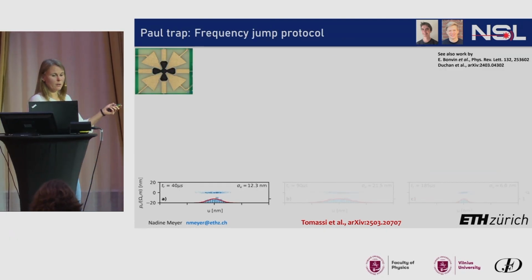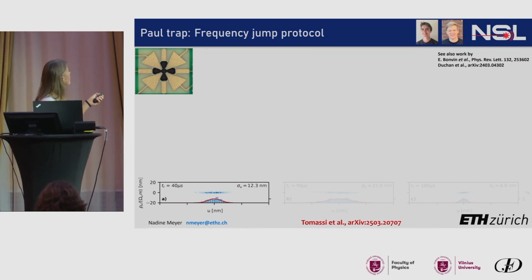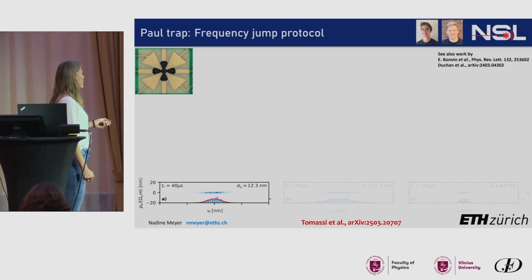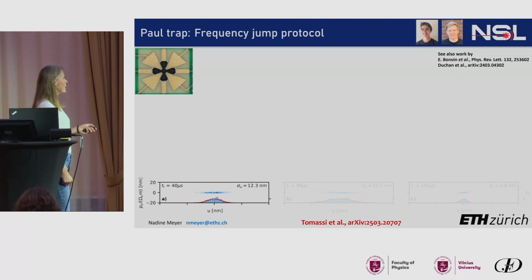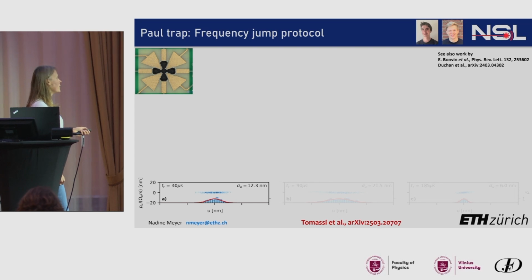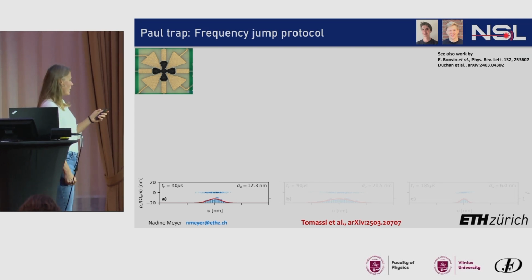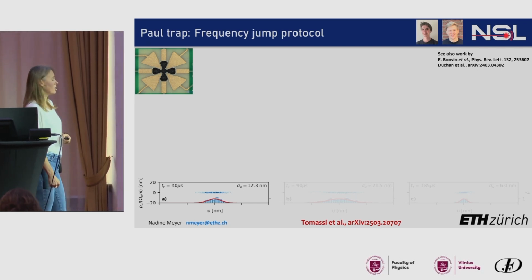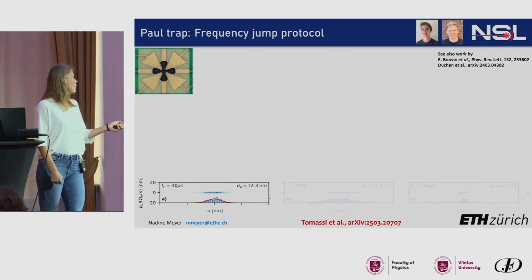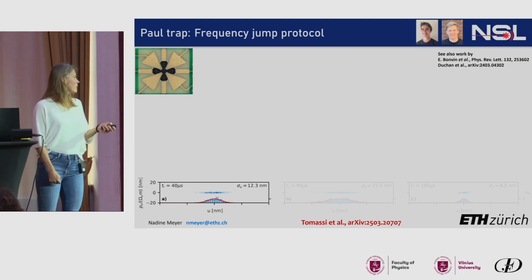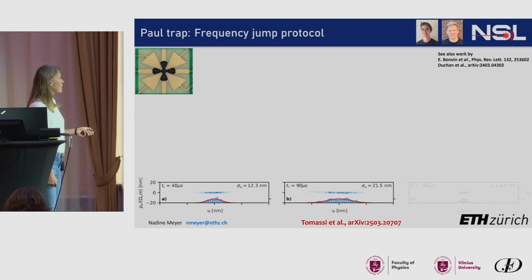Now going to the experiment in the Paul trap plane where we do the frequency jump protocol, we let the particle evolve for tens of microseconds, and then we map out the phase space distribution. Here is a histogram of the position distribution, and we get a standard deviation of the state of around tens of nanometer, and it increases if you let it go even further.